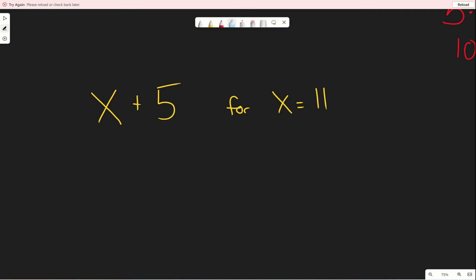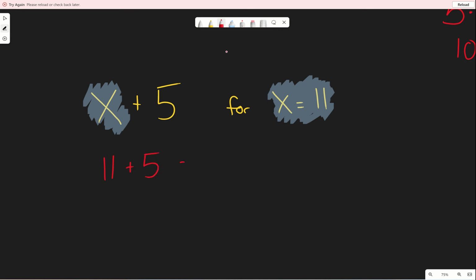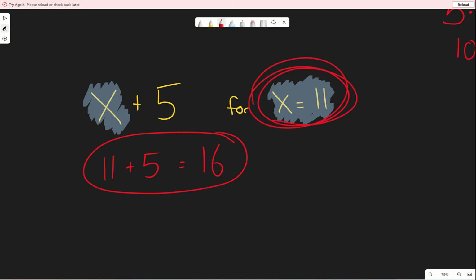So in order to solve, if I know x equals 11, anytime I see an x, I want to make that into 11. So instead of x plus 5, it's going to be 11 plus 5. And we can do 11 plus 5. It's 16. Okay, that's evaluating algebraic expressions. It just is putting what we know, the facts that are given to us, into our expression, and then solving.